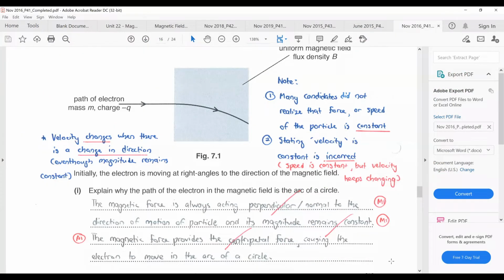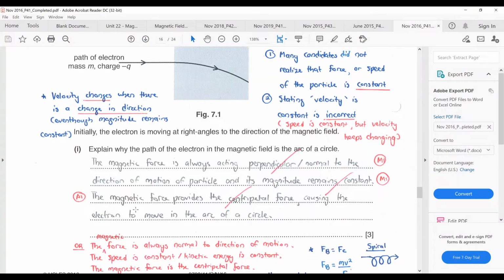Now, there's one more thing you will also need to talk about, because this one is 3 marks. The part where I say magnetic force is always acting perpendicular to the direction of motion of the particle, you understand how it causes circular motion.